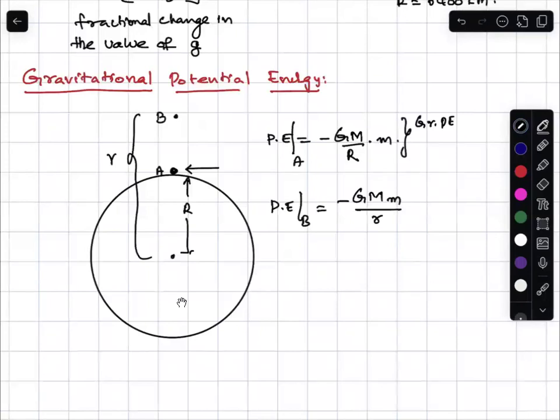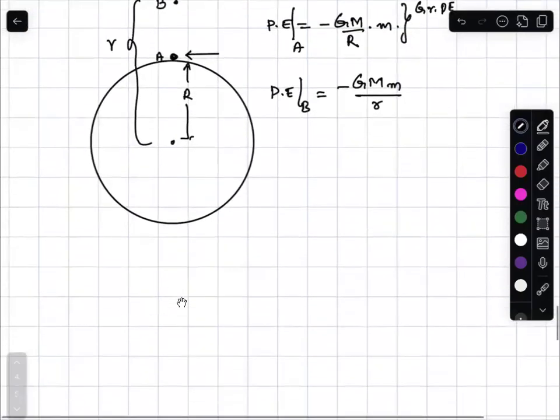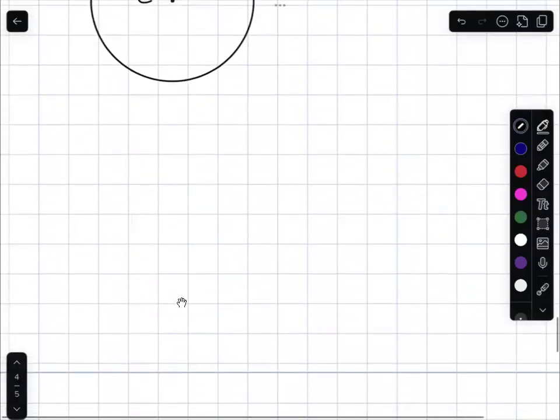So potential energy increases. Very simple. You need to do work against Earth's gravitational force to move it from A to B. You are doing work. That work is stored in that object as potential, and that is called gravitational potential energy.